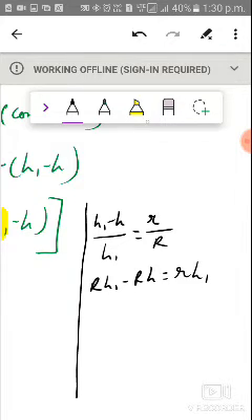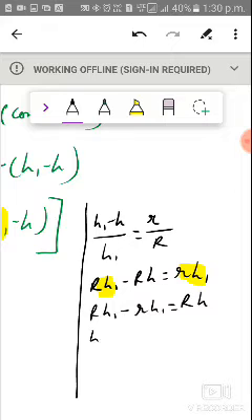Taking the terms which have h1 together, R h1 minus r h1 is equal to R h. Taking h1 common, we'll have h1 times (capital R minus small r).